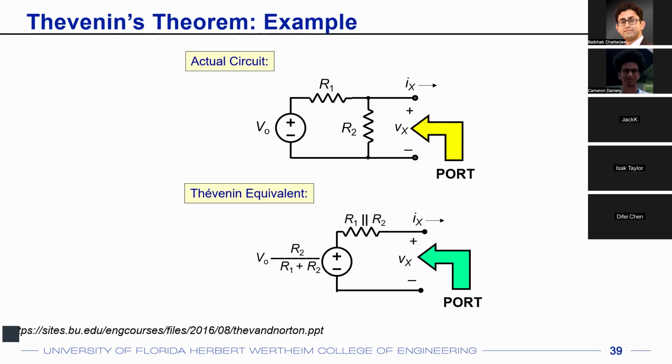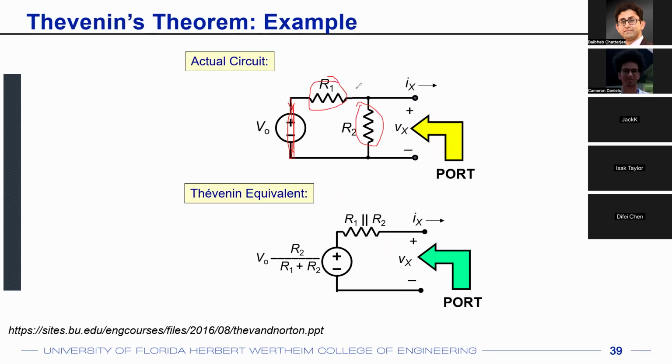If I just do a simple bit of math, you know that when you are trying to find out the Thevenin equivalent resistance, or the equivalent resistance at the input or output, the first thing you need to do is short out the independent voltage sources. So just short this out. The voltage source does not exist for you anymore. And then what do you see? You see R2, and in parallel, you see R1 connected here.